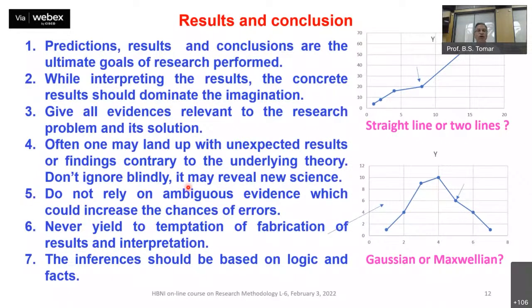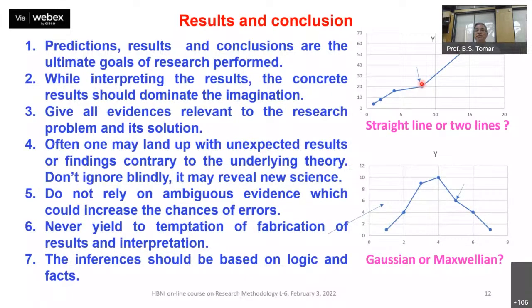Do not rely on ambiguous evidence, which could increase the chance of errors. So sometimes there could be ambiguity. Let me give you an example here. I have generated this data in an Excel sheet. This was a straight line, and this data was here.